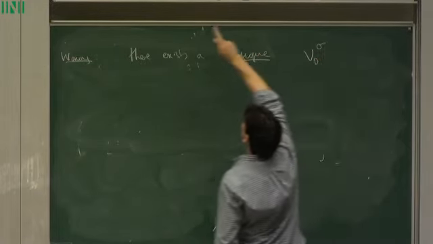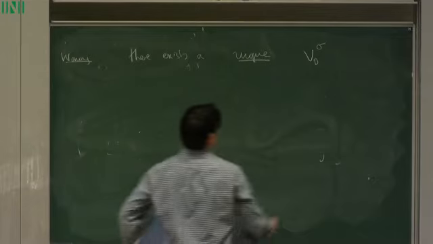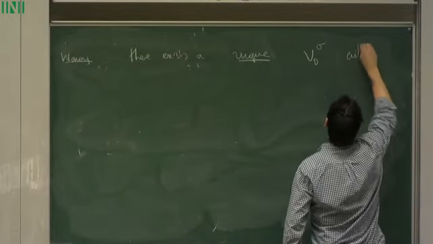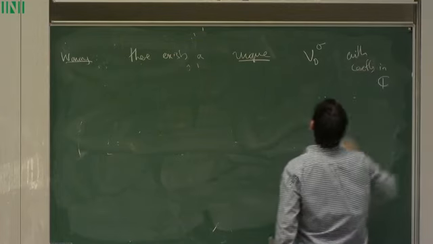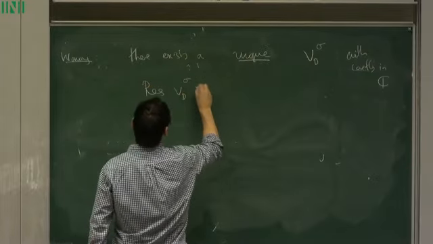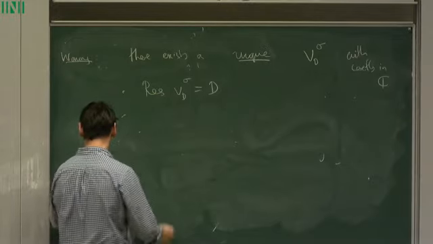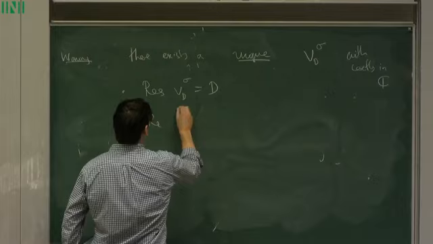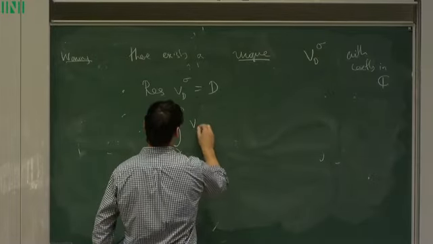I'm going to differentiate it from this one by putting a sigma, with the same property, but now with coefficients in C, with the property that its residue is D, but it's fixed by a number of possible conditions, one of which is that it has imaginary periods.